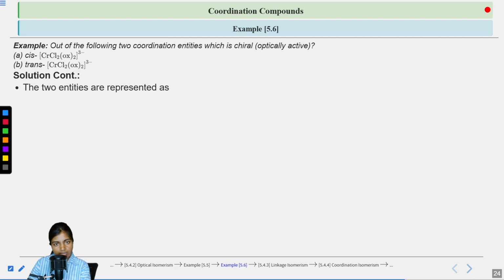So the two entities are represented as, the first is this one, the cis form, and the other is the trans form. Chromium is the central metal ion. When two chlorines are adjacent to each other, it forms cis, and when two chlorines are opposite to each other, it forms trans. This is optically inactive and this is optically active.